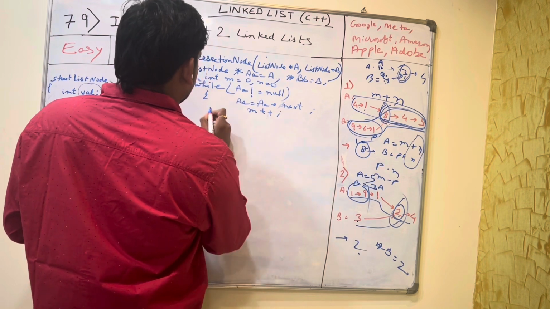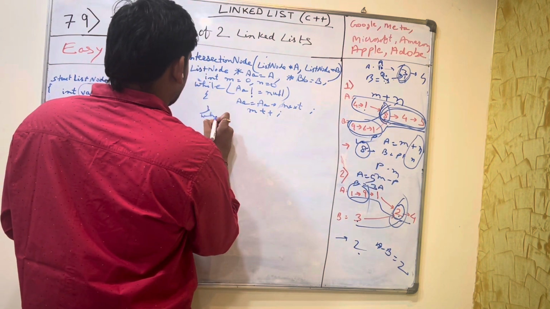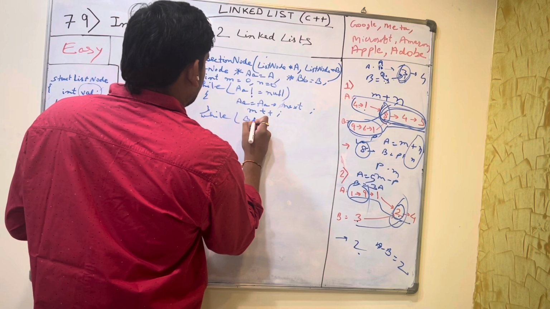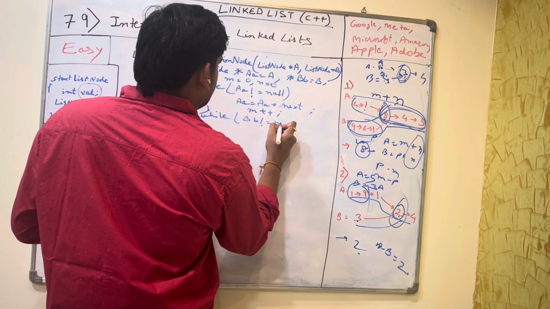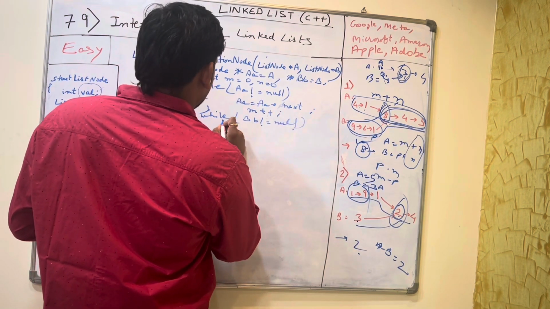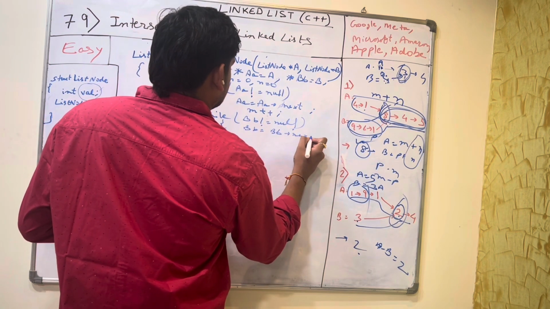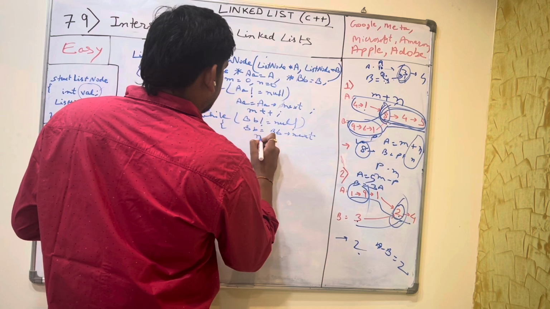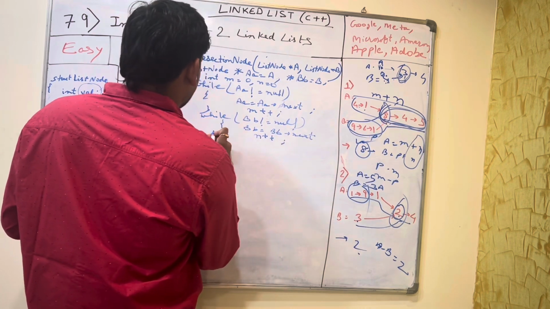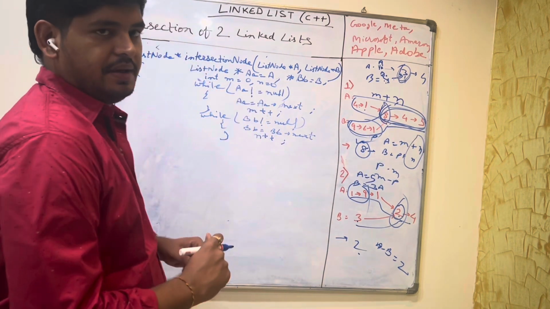Same we do for B: while B not equal to null, we do B is equal to B next and n plus plus. We get the size of both A and B.